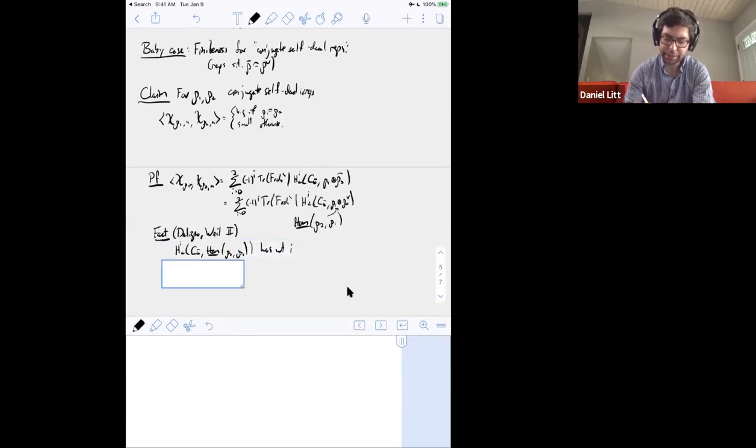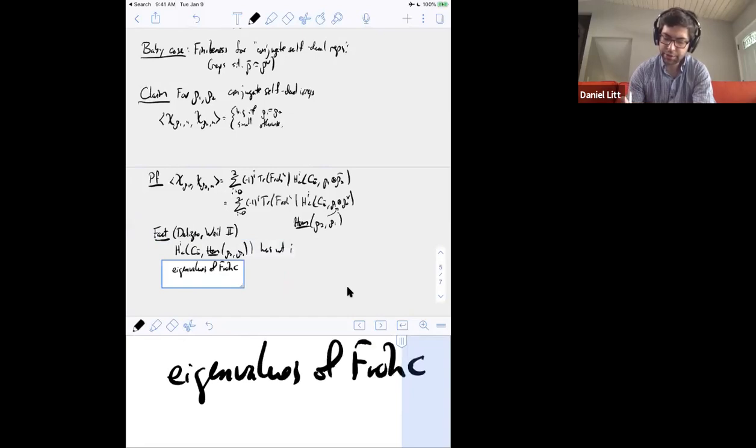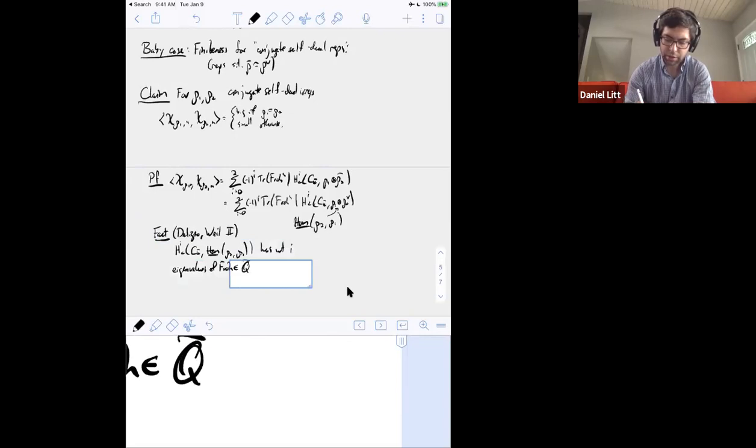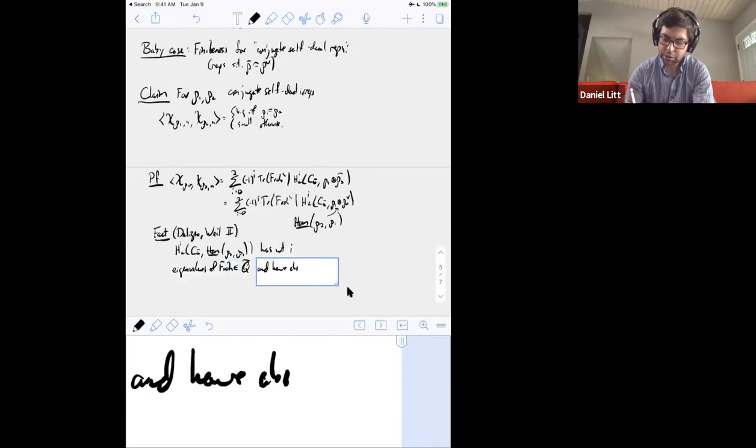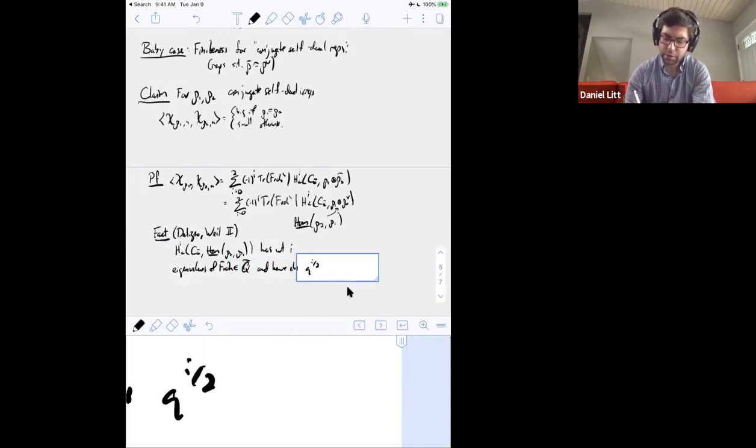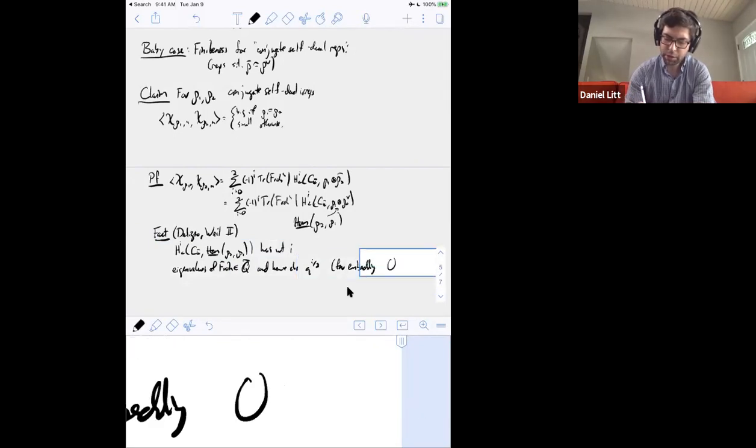So what does that mean? It means the eigenvalues of Frobenius live in Q-bar and have absolute value q^{i/2}, and this is for any embedding from Q-bar into C.